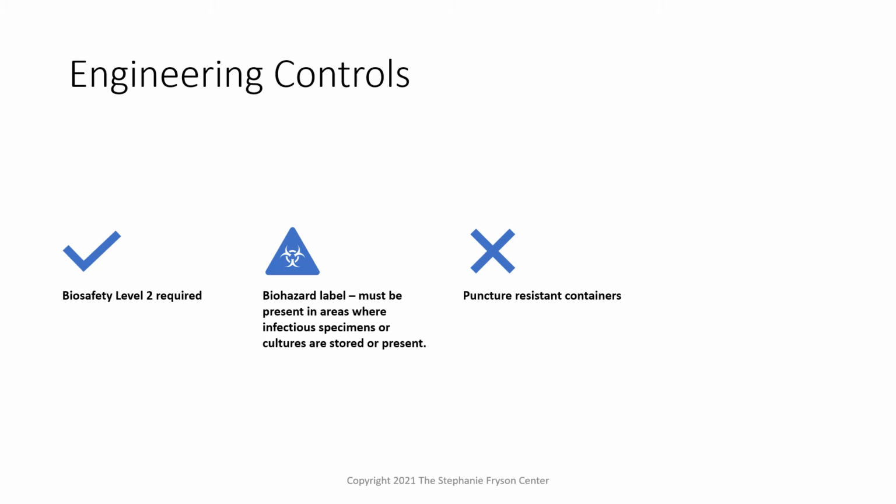I'm not exactly sure why, but that's the feedback I've received from other students. The last thing is the biological safety cabinet has to be available to protect against aerosols. The main question that I see is the biological safety cabinet classes. The classes are 1, 2, 2A, and 3. Most labs have at least a 2A.